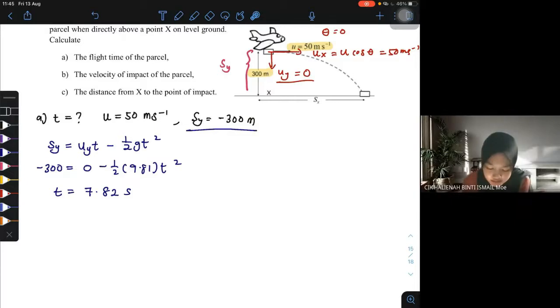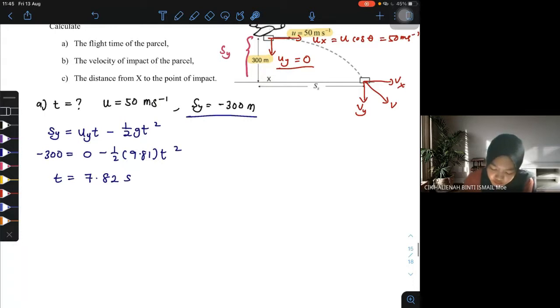Okay, so next question. Calculate the velocity of impact of the parcel. Okay, so parcel ni apabila dia sampai dekat tahap ni, dekat point ni, so dia akan ada impact lah. So maksudnya velocity tu dia ke bawah macam ni. Dia akan going downwards here, meaning that we have Vx and also Vy.